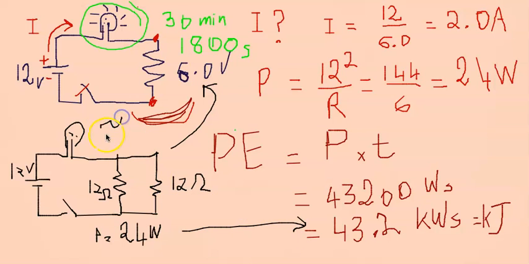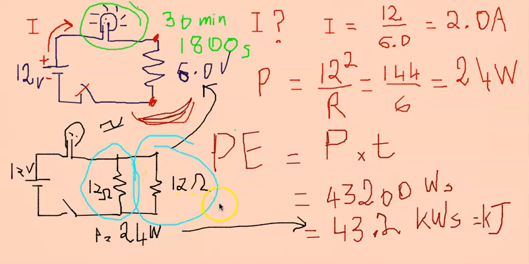Those two are equivalent. But what happens if we divide it into these resistors? On one side we have the 12 here, and on the other side the other one, which is the same thing, 12, same numerical values.